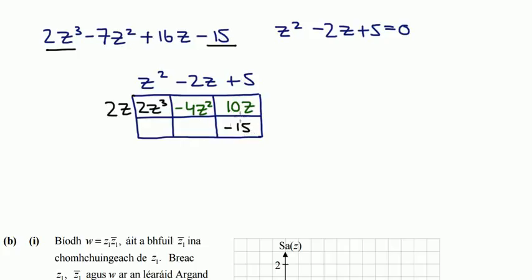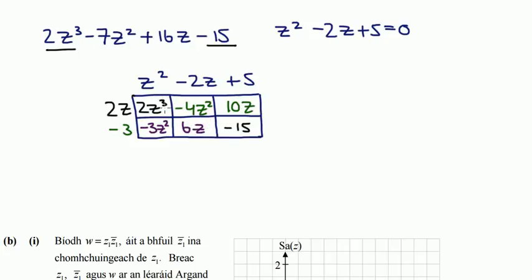So one of my factors is plus 5, so therefore the other factor is going to be minus 3. And now I multiply minus 3 by everything on the top to fill in the two blanks. So minus 3 by z squared, I get minus 3z squared. And minus 3 by minus 2z will give me plus 6z.